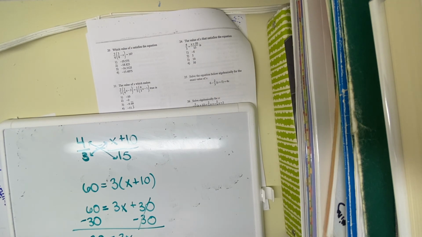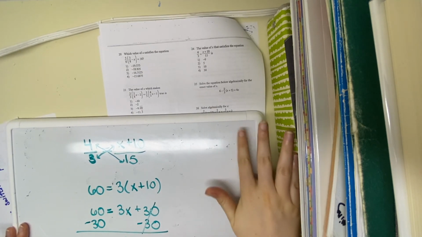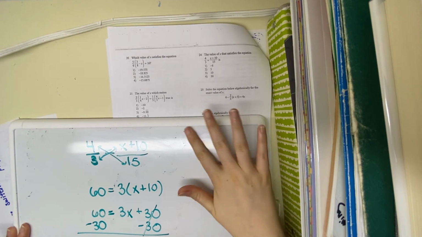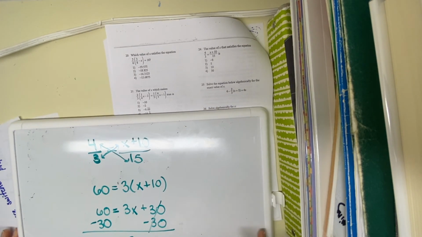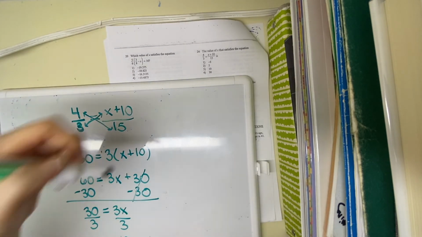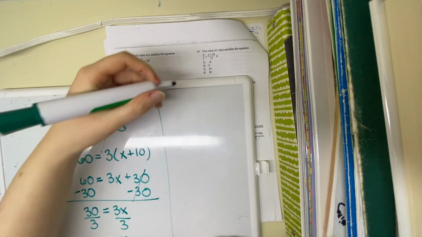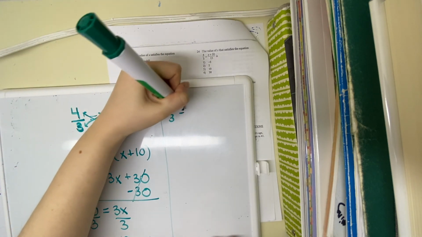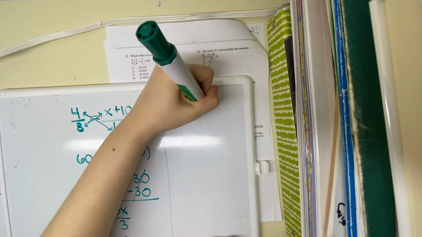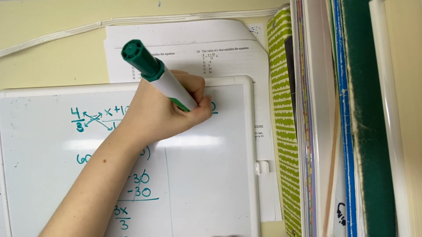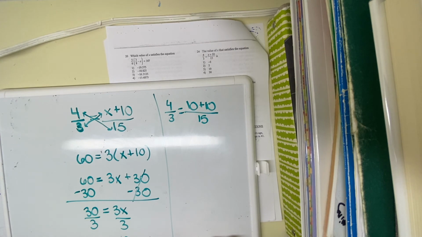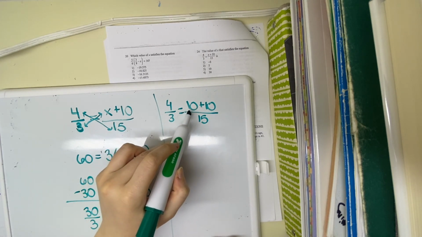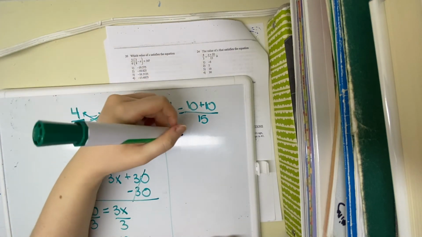And we can also check our answer with the original problem by substituting it back in. So if we substitute it back in, we can put 4/3 equals 10 plus 10 over 15. So our answer was 10, so I'm substituting 10 for my x. So 10 plus 10 is 20.